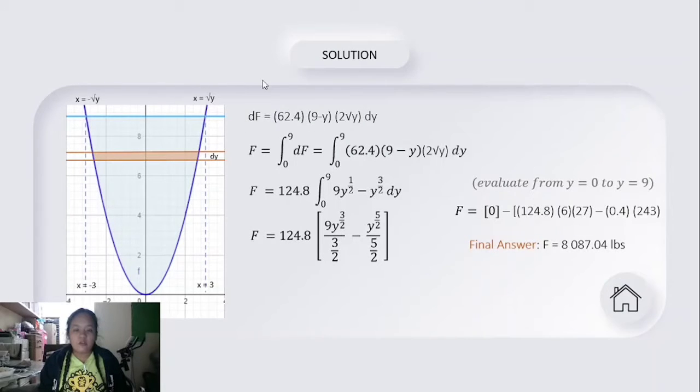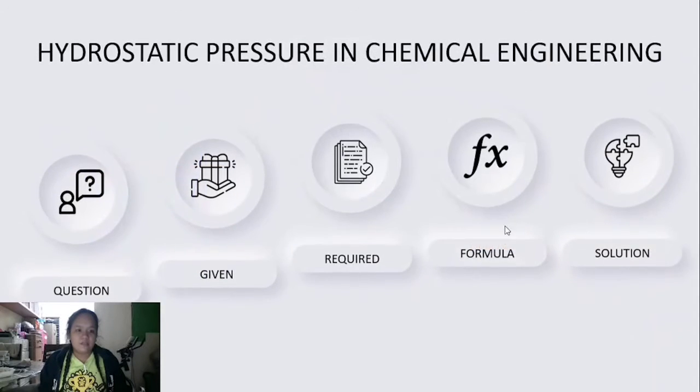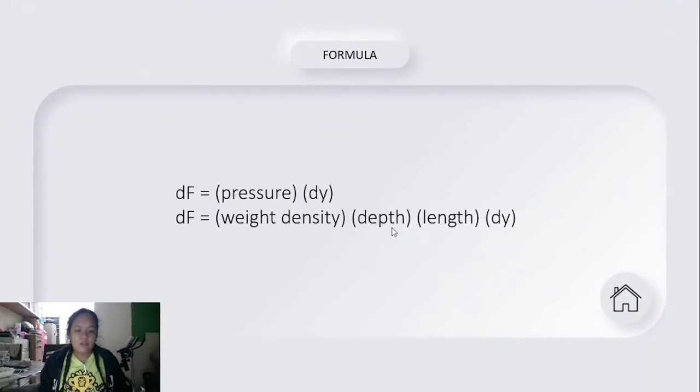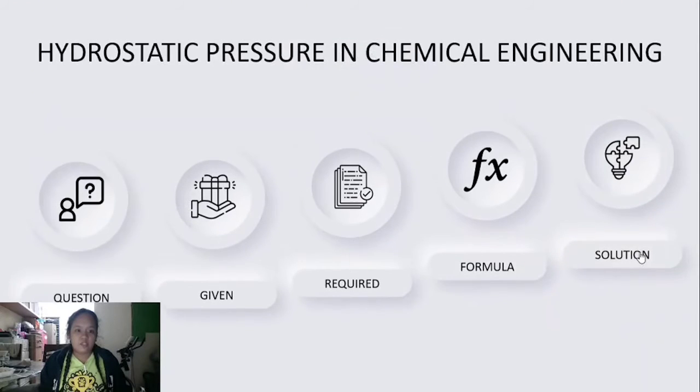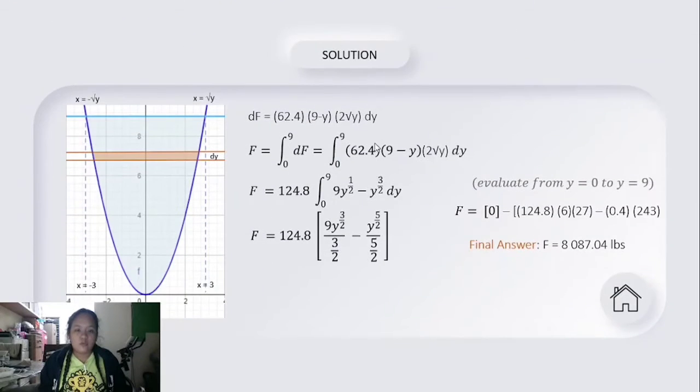Taking note of all that information, we can safely say that the solution would be dF equals 62.4, which is the specific weight, times 9 minus y, which is the depth, times the length, which is 2 square root of y, times dy, which is this slice.